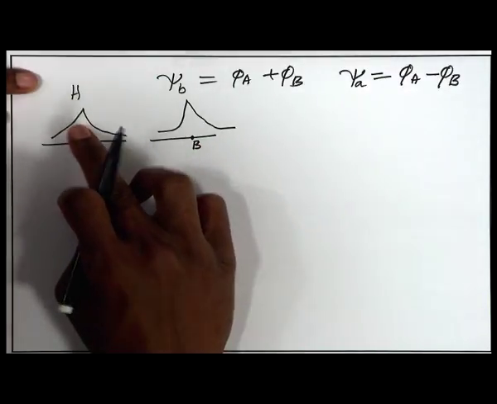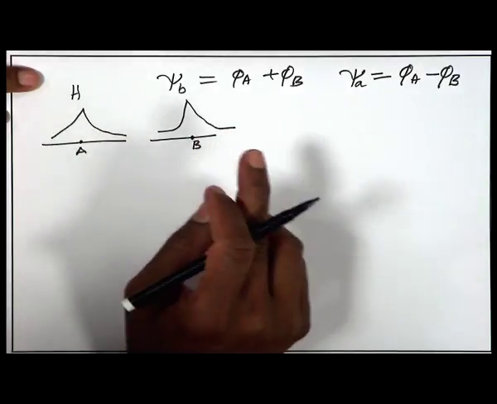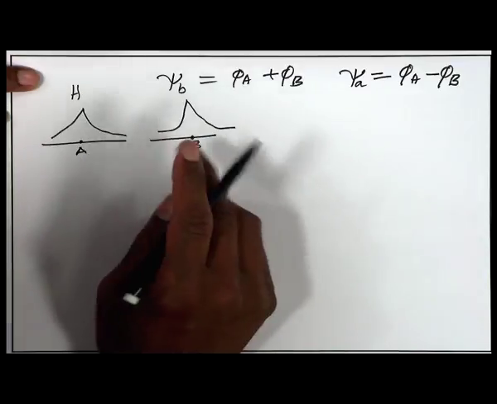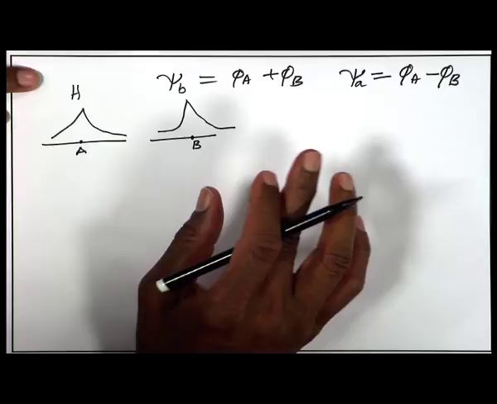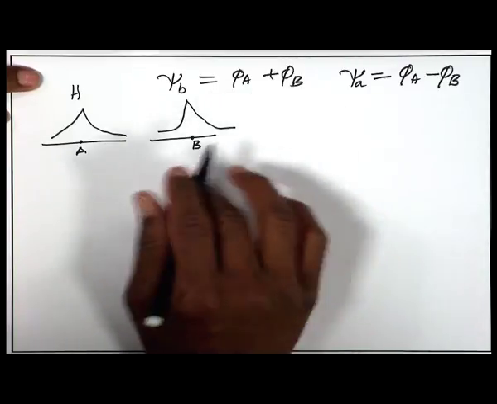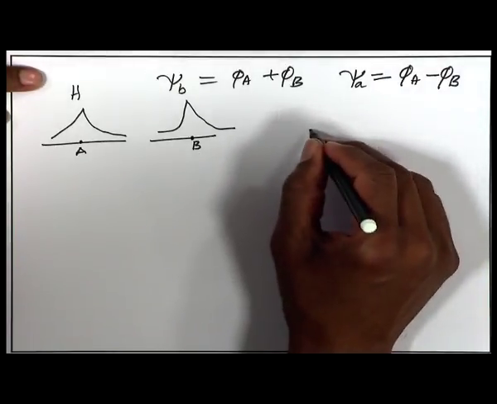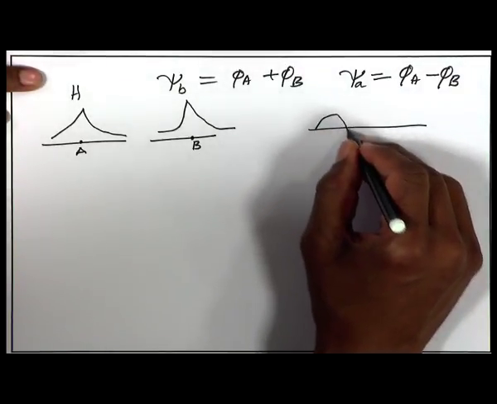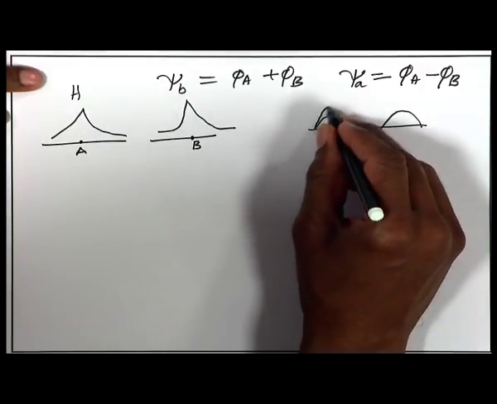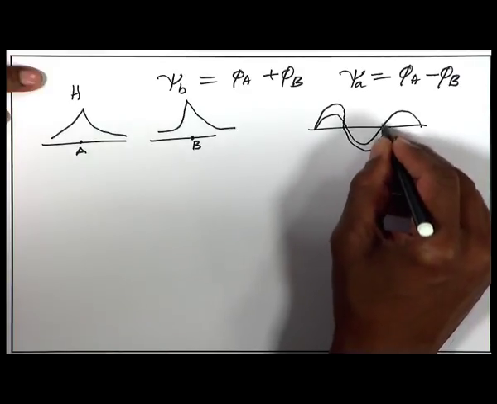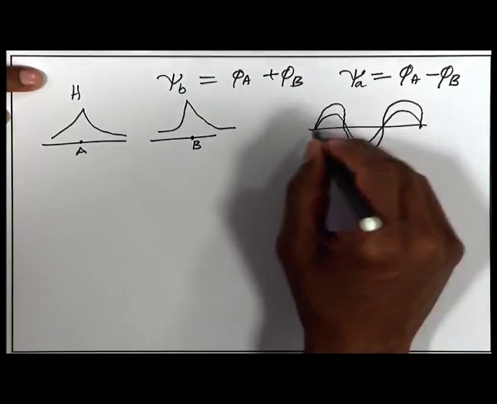Because the electron is treated as a wave, the wave has both positive and negative regions. So, when you combine two waves, there is a possibility of forming constructive interference as well as destructive interference. What is that? If you take a wave, this is one wave. You take another wave like that, then the resulting wave could be like that.